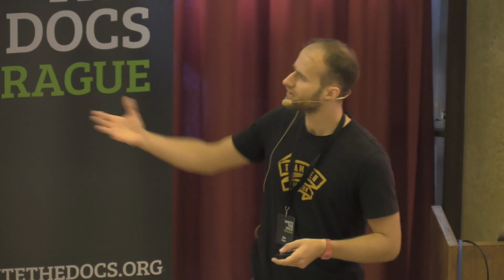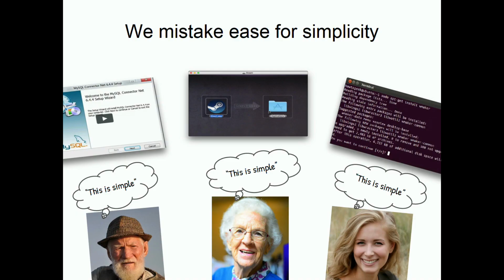So for example, with these three people here, for this man on the left, installation really means clicking 10 times on a next button in a wizard because he uses Windows. He's aware of all the concepts in Windows installation, but when he thinks about installation, he thinks of the actions, the ease, and he thinks that that's simplicity.